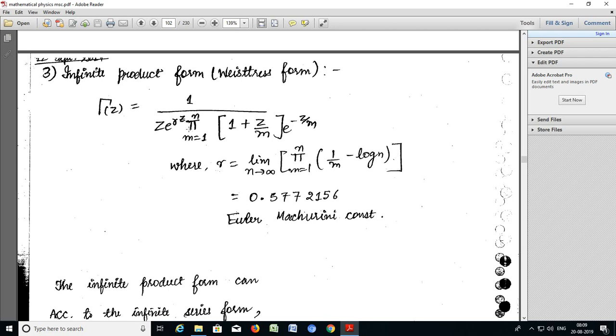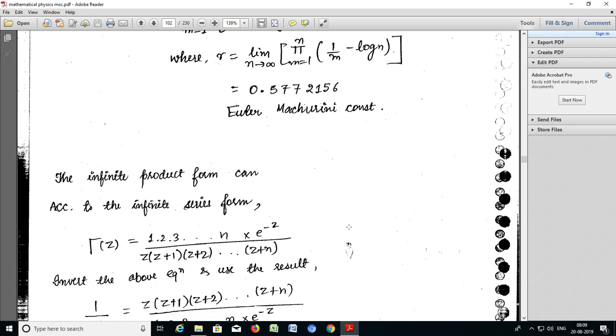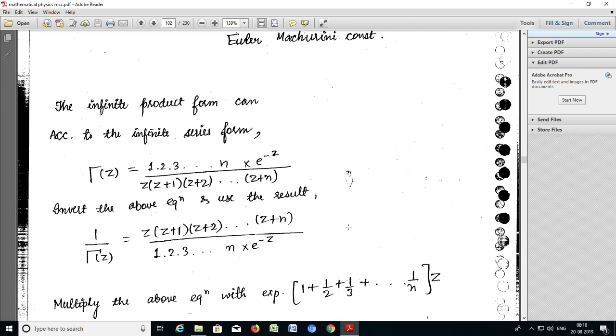Gamma of z is equal to 1 over z e to the power gamma z, product m equal to 1 to n of 1 plus z over m e to the power minus z over m, where gamma is equal to the limit n tending to infinity of the sum m equal to 1 to n of 1 over m minus log n, which is 0.577156. This is called the Euler-Mascheroni constant.